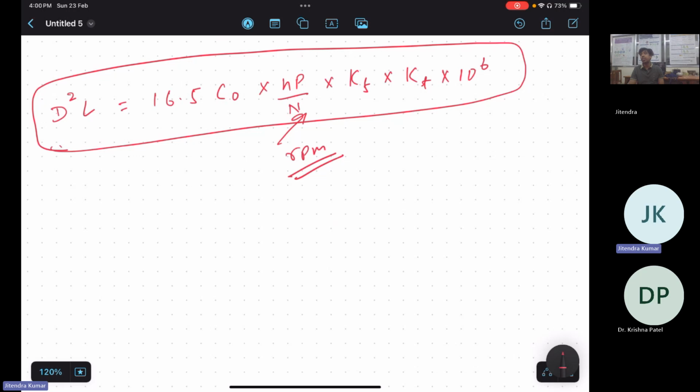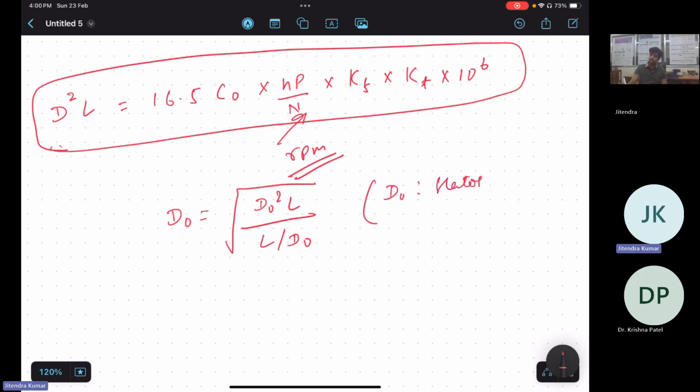The outer stator diameter ratio is again derived in terms of d square L. So if you recall this equation, d naught is equal to d naught square L divided by L by d naught, and here d naught is nothing but the stator outer diameter. So from here, I think you can now calculate everything.